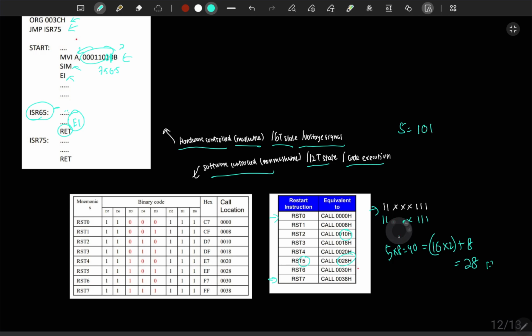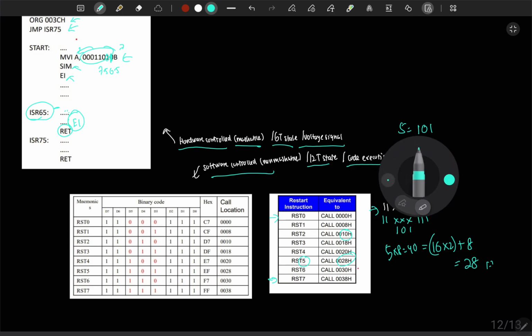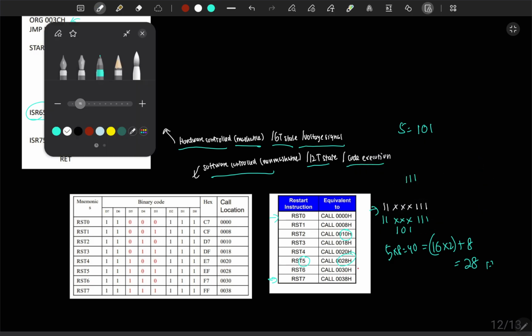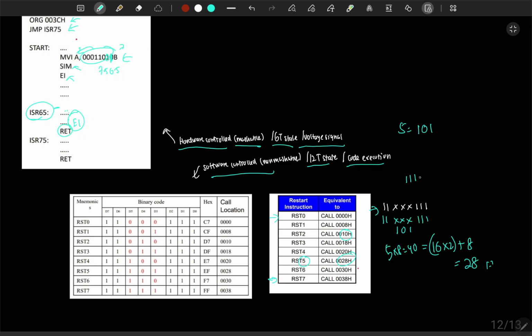So our binary code will be 1 1 1 0 1 1 1 1. So the triple digit here, 1 0 1, translates into 5. So RST5.